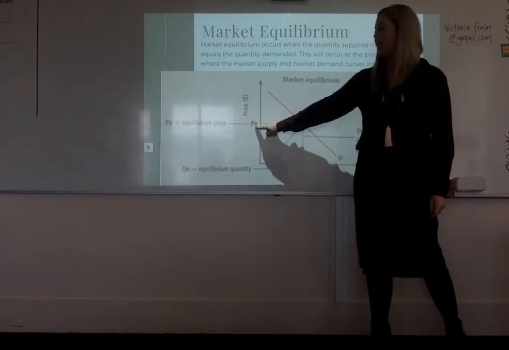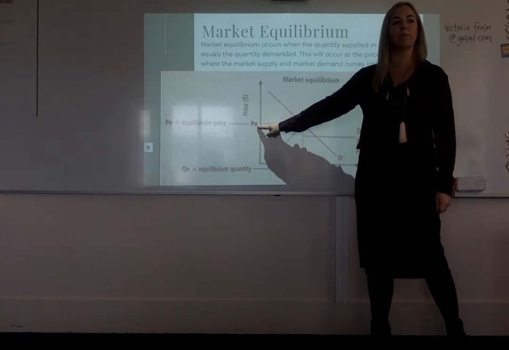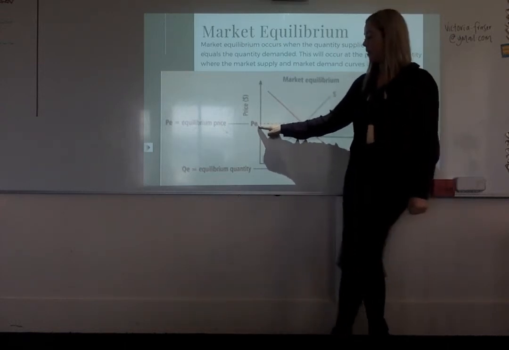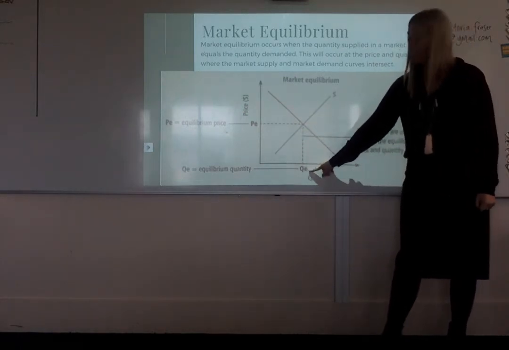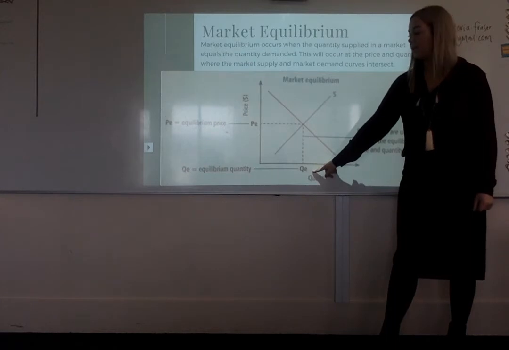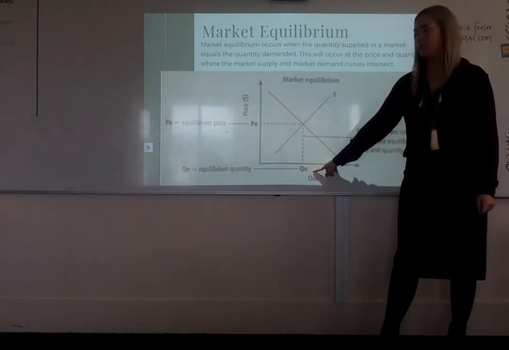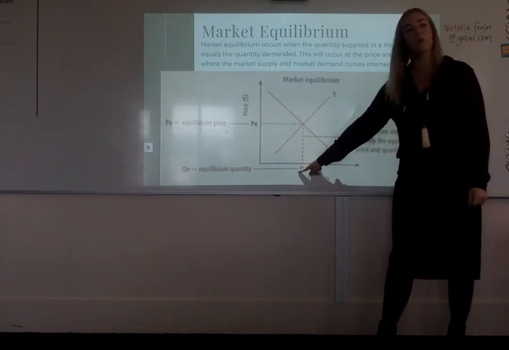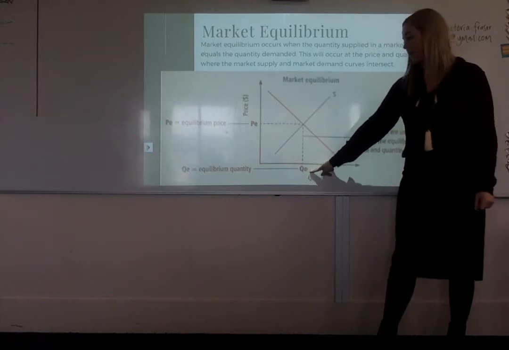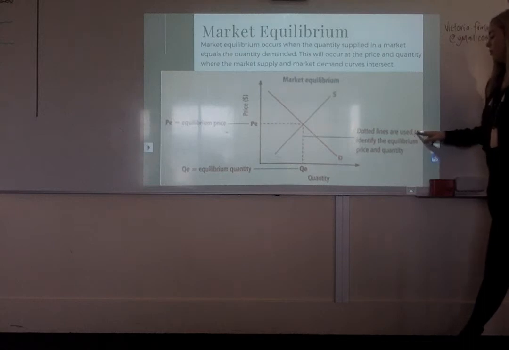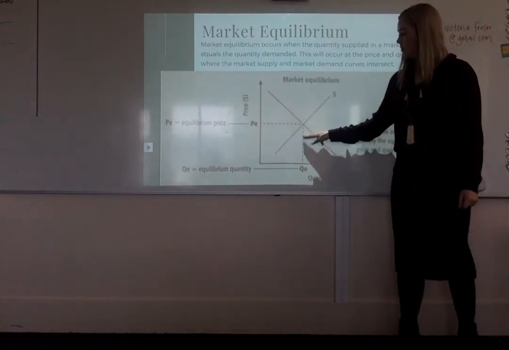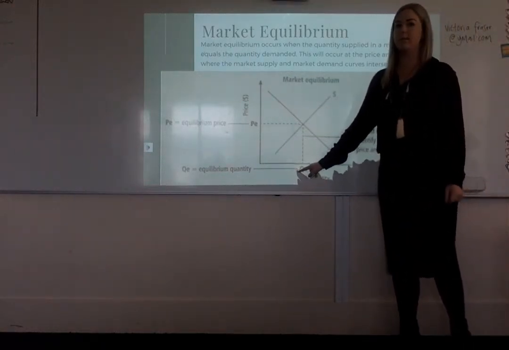So PE stands for equilibrium price. So P stands for price, E stands for equilibrium. Same if we go down. We label this QE. This stands for equilibrium quantity. Quantity is Q, equilibrium is E.